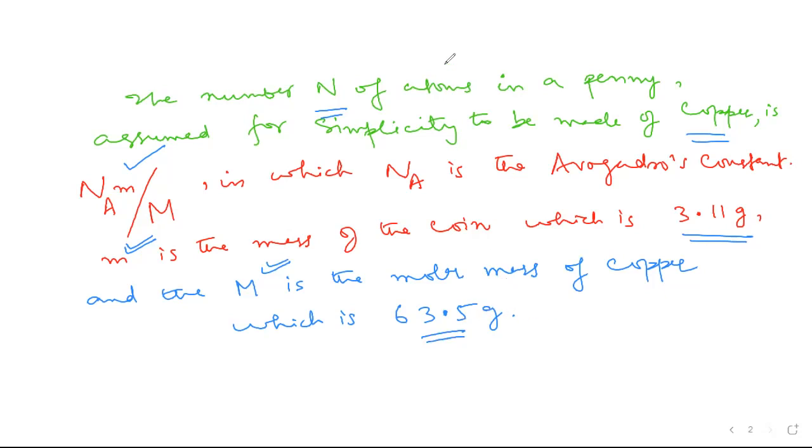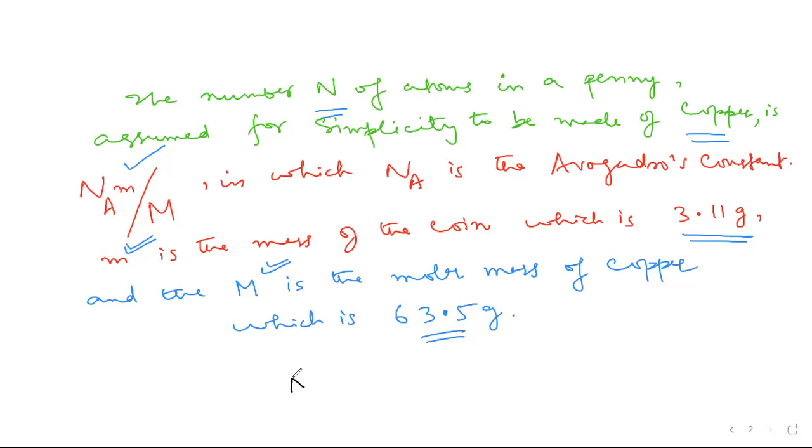When you divide small m by capital M, you get the number of moles of copper in it, and each mole of copper contains Avogadro's number of atoms. So it gives you the total number of atoms inside a penny.